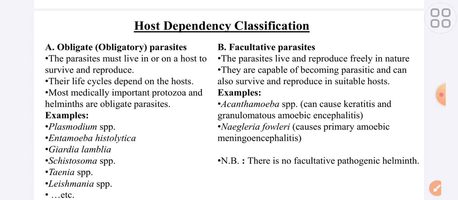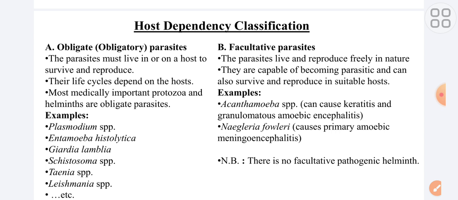We come to the facultative parasites. These live and reproduce freely in nature. The parasite may not need a host at all, but is capable of becoming parasitic. They have the ability to become parasites and can also survive and reproduce in a suitable host.